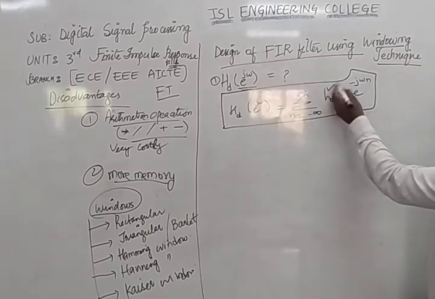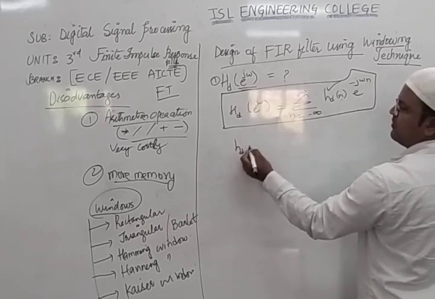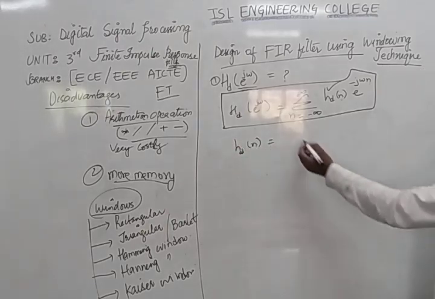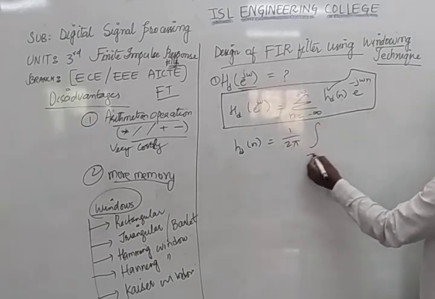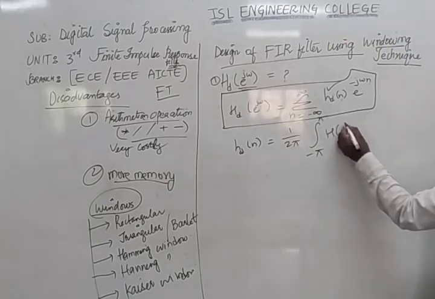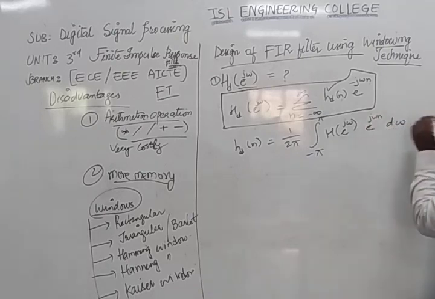What is hd of n actually? It's in continuous form, so how do we get it? To get hd of n, we'll apply this formula: 1 by 2 pi, integrating from minus pi to pi, of Hd of e power j omega, e power j omega n, d omega, right?